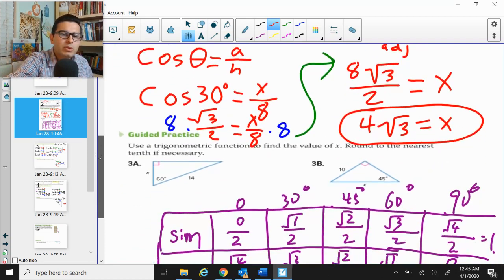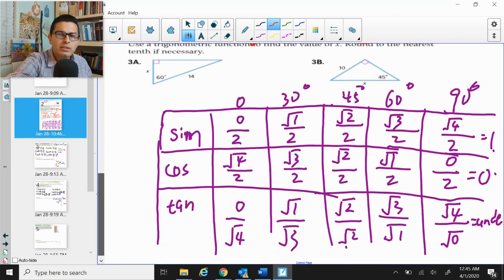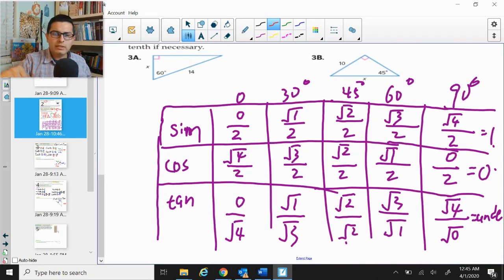There's a couple of things I want to point out before you give this a shot. We've gone ahead and taken the liberty of writing the rest of this table out. What is this table? Here we have each of the values for each of the trig functions: sine, cosine, tangent, and up here the degrees, 0, 30, 45, 60, and 90.